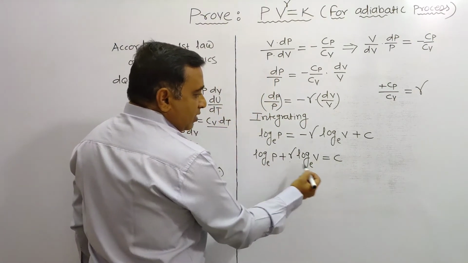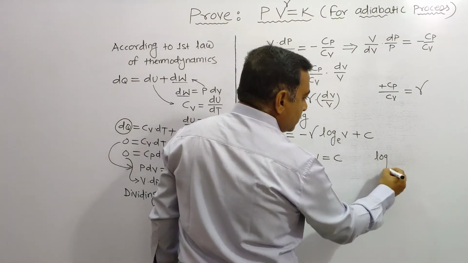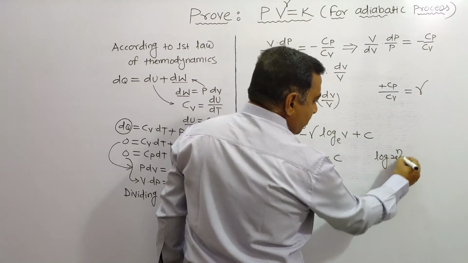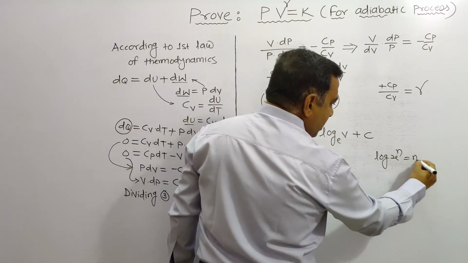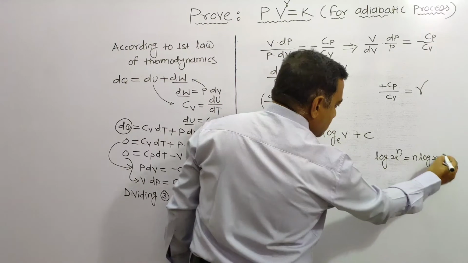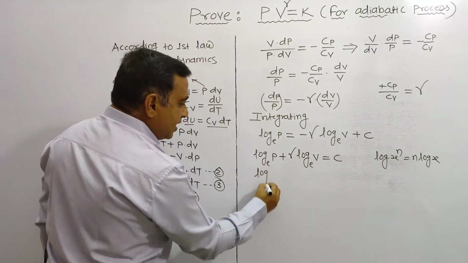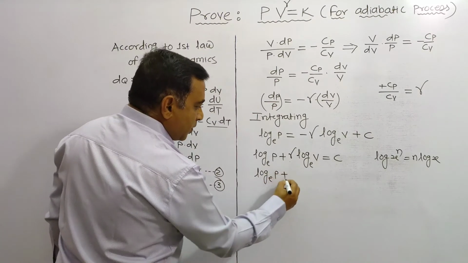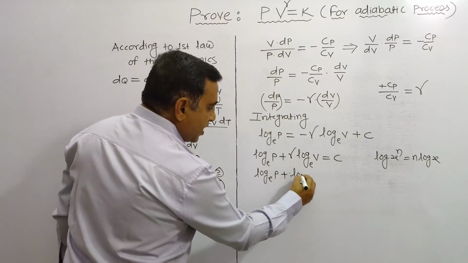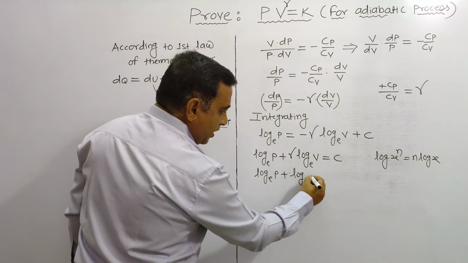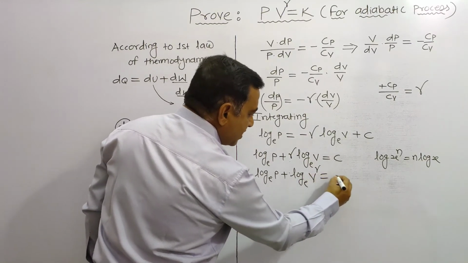We know very well that log of x raised to power n is equal to n into log of x. So according to this rule, I'm going to write log to the base e P plus log to the base e V raised to power gamma is equal to c.